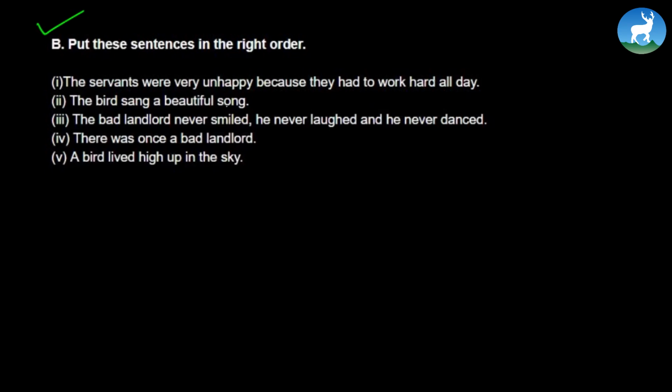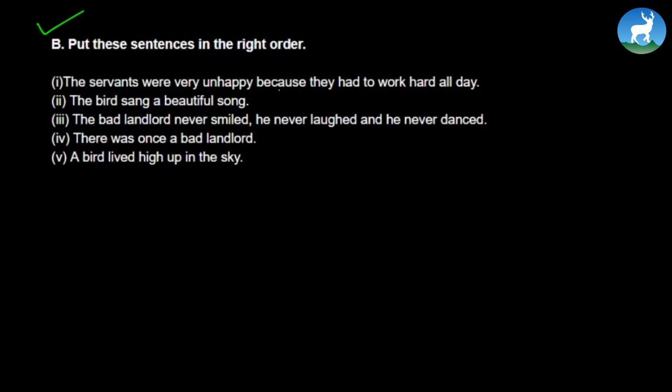The birds sang a beautiful song. The bad landlord never smiled, he never laughed, and never danced. There was once a bad landlord. A bird lived high up in the sky. So let's try to put them in the right order.